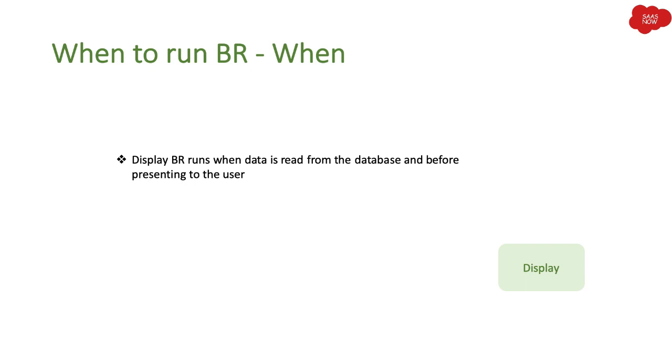Now display business rules are mostly used with g_scratchpad. That's a different global object. It's a variable which is used in business rules. And why exactly use it? Because if you want to populate or fetch some data from the server to the client side, in that case you use g_scratchpad.